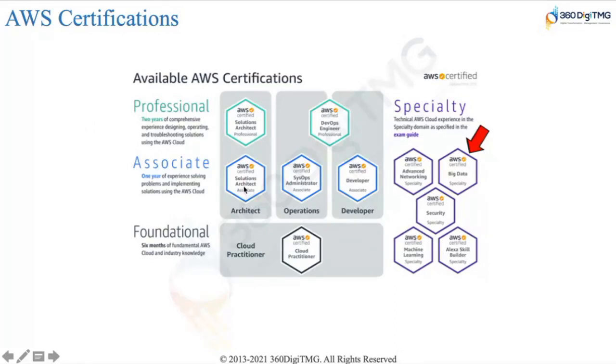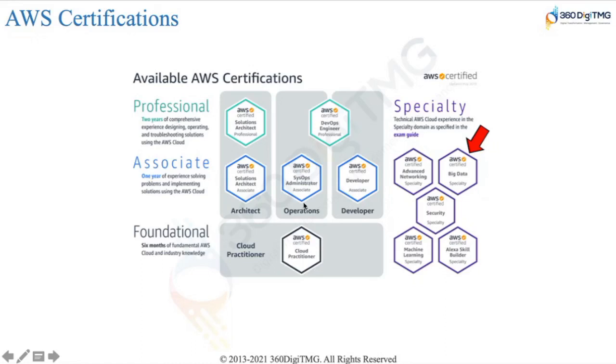AWS conducts these exams. Not only AWS, other clouds also conduct these certification exams. If you clear the exam, you'll get a certificate. That means you are eligible to architect the systems on the cloud. And there is associate level, professional level.